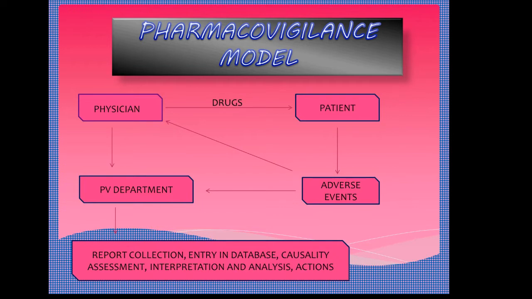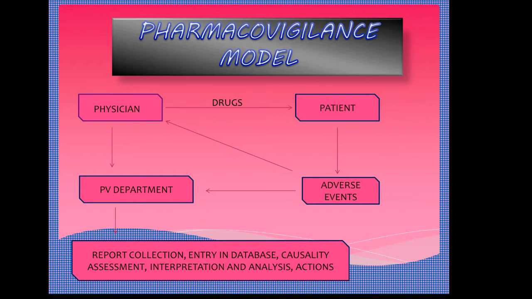And in extreme cases, they may need to withdraw the drug from the market as well, or they may need to update the labeling or the purpose of use. They can narrow the use of the drug.